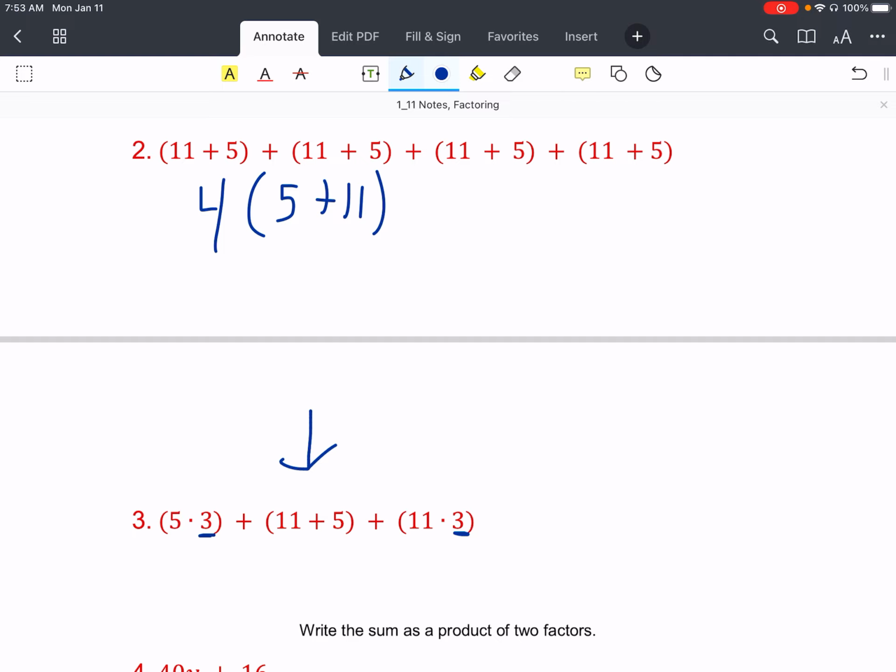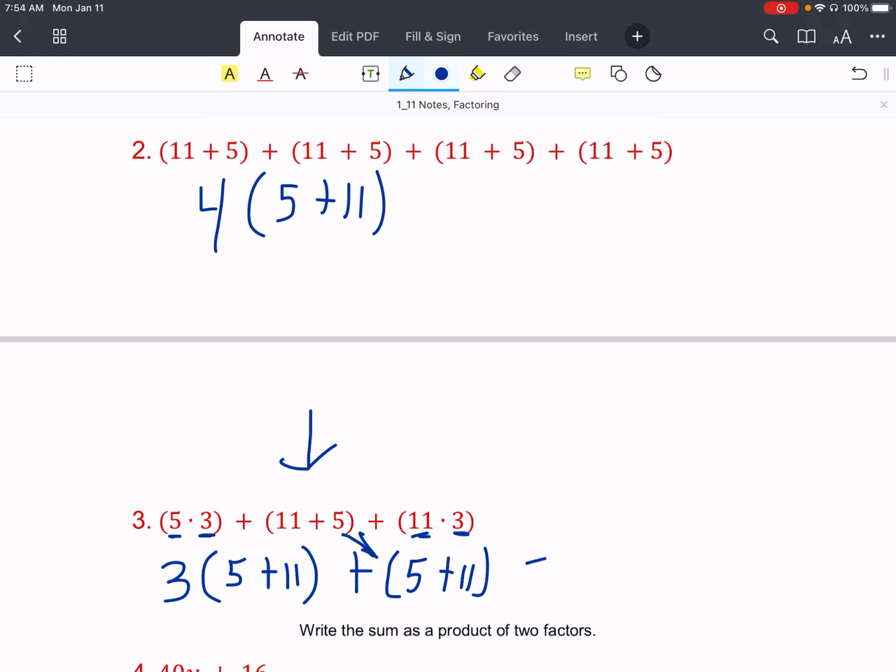So I can say, well, that is 3 groups of 5 plus 11, plus, in here in parentheses, 5 plus 11. So this is from the middle.